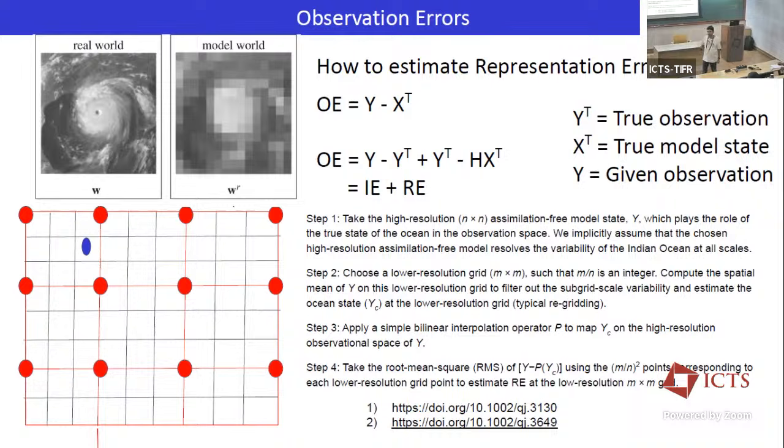We are not solving this equation. I am just saying that your observation error comprises two parts. Not only yt, you don't even know xt. Both of these are unknown. It's just to show you what the different components of your observation error are.